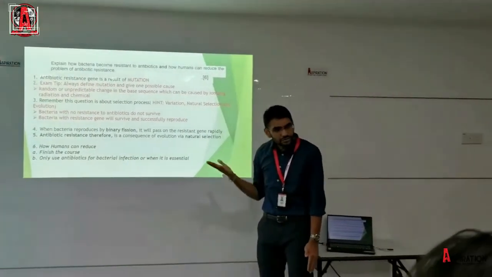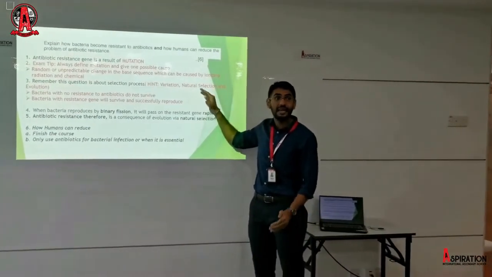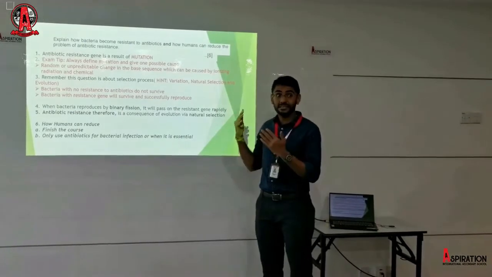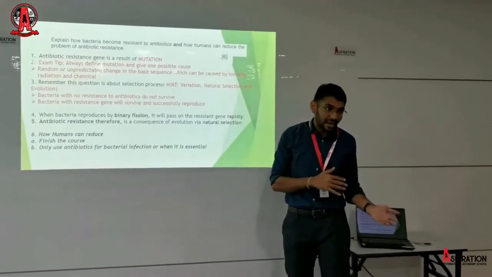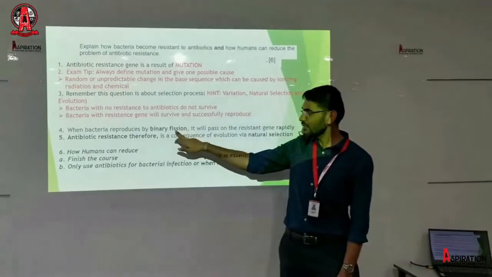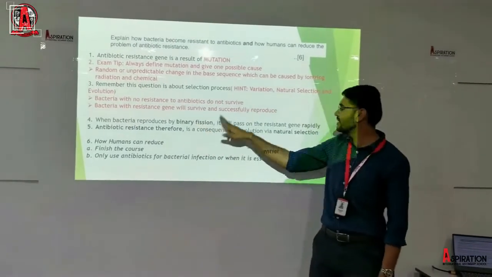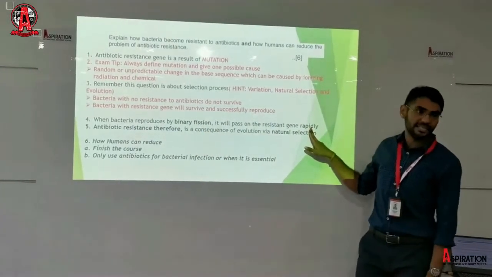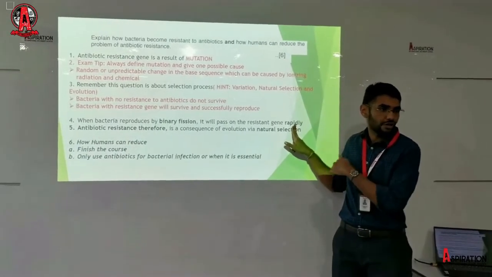So what do you do first? You're going to tell the examiner that bacteria with resistance survive and bacteria that have no resistance die. And the resistant ones will then undergo asexual reproduction, and they pass on the gene without any change to their future generations or future offspring.